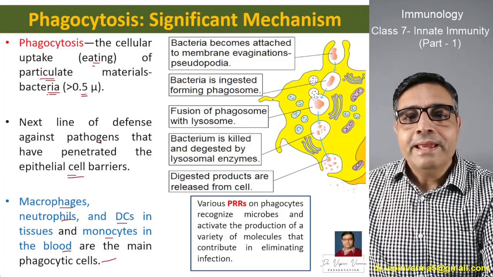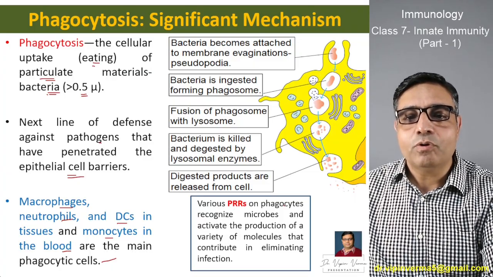Various PRRs, or pattern recognition receptors, on phagocytes recognize microbes and activate the production of a variety of molecules that contribute to eliminating the infection. So PRRs are very important, and we are going to discuss them today. These PRRs are present on the phagocytes.